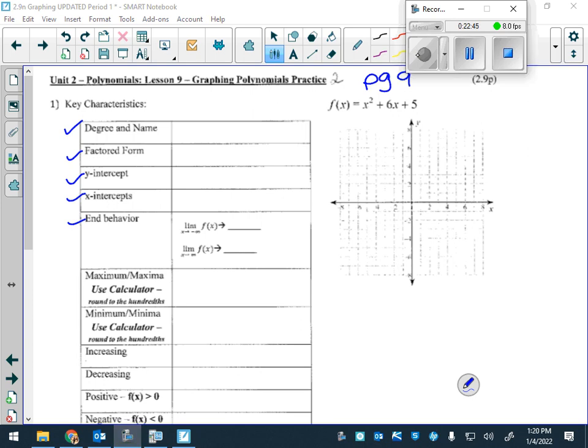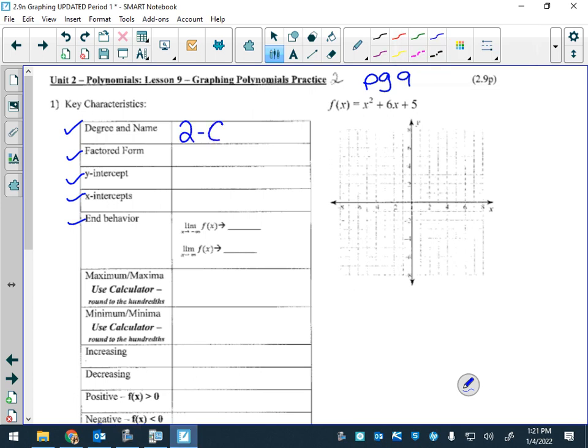All right. Looking at, we have x squared plus 6x plus 5. What is our degree, and what's the name of the degree? Who's got it? Sawyer. Perfect. Degree is 2, and it's a quadratic. What would factored form be? Danielle? Good. Okay.